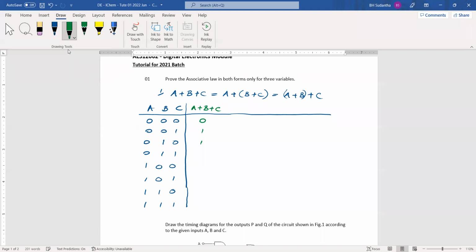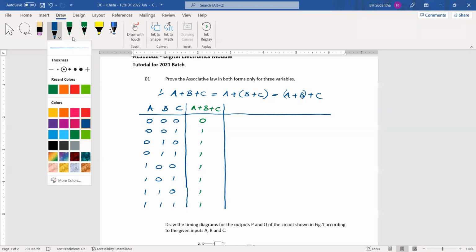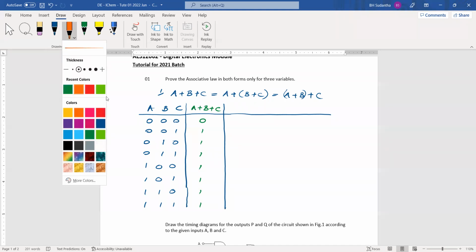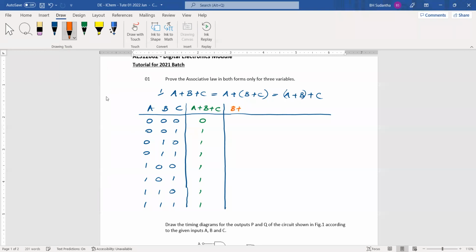This is 1, 1, 1, 1. And then we can make B plus C. B plus C here, it's 0.